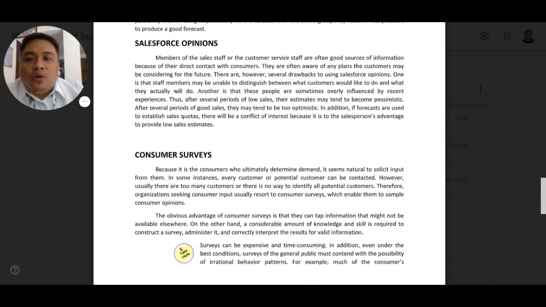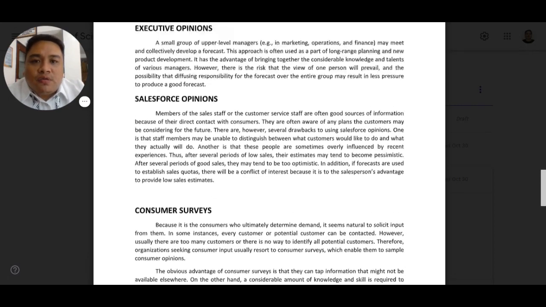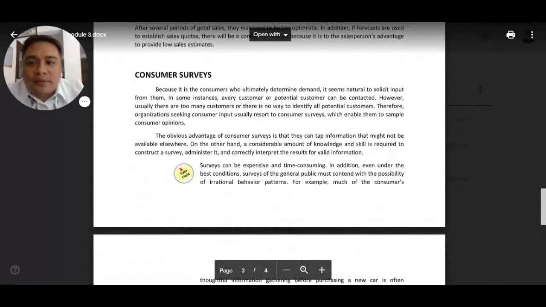Same also with consumer surveys. Based on what they gather from the customers, these customers give feedback to the Salesforce, and these Salesforce opinions could be the basis of their forecast, along with consumer surveys. So these are all bases of what we call qualitative forecast.